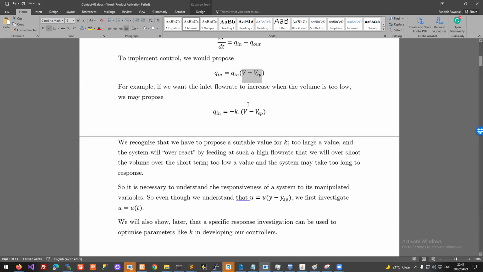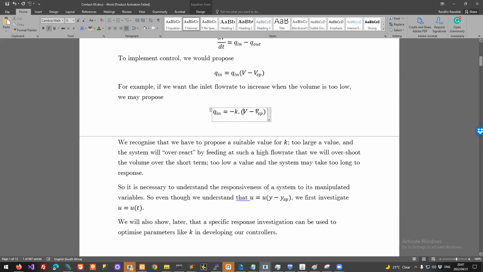Okay, now we've got this input here, and so we can see that for this to work well, we will need to choose a good value for k. So you can imagine if you use an extremely large value for k, then for small differences, we will overreact and we will take too large a control action.